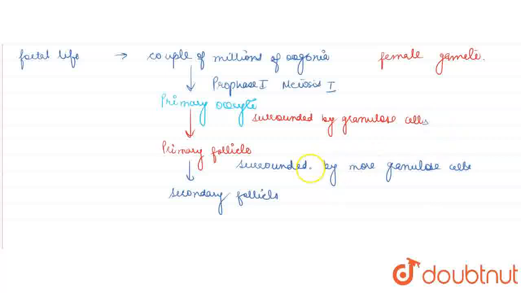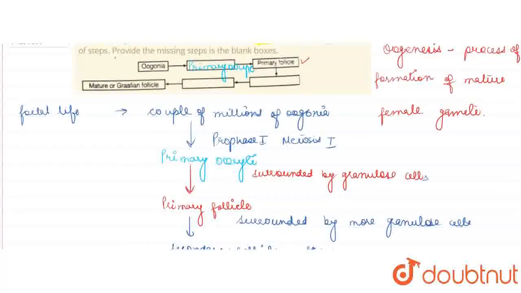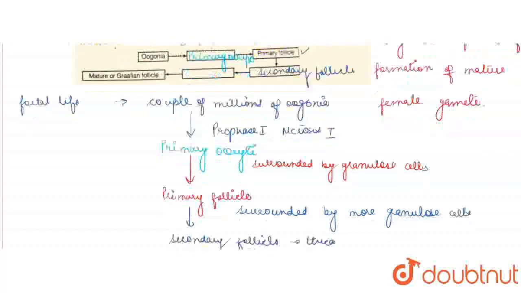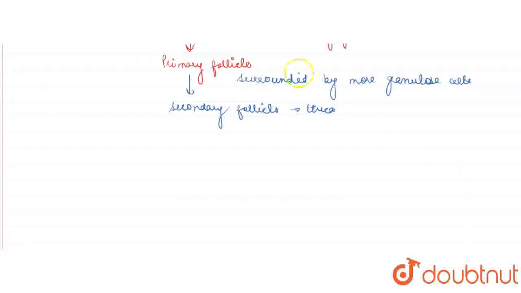Now, this secondary follicle develops a layer also that will be called theca. And this secondary follicle comes after primary follicle in the box. Now we have to fill the secondary follicle.